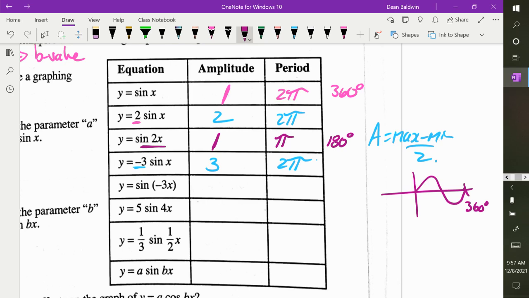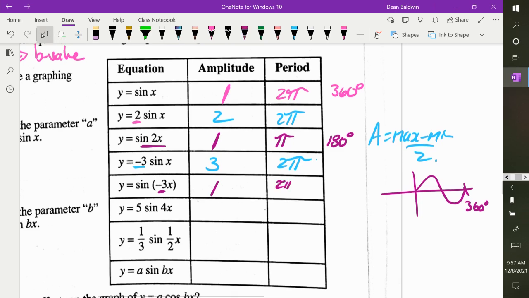So what does the -3 in front of the x do? The amplitude will stay the same, and it's going to cut the period by 1/3, or by a factor of 3. So what's the period going to be? 2 pi over 3.